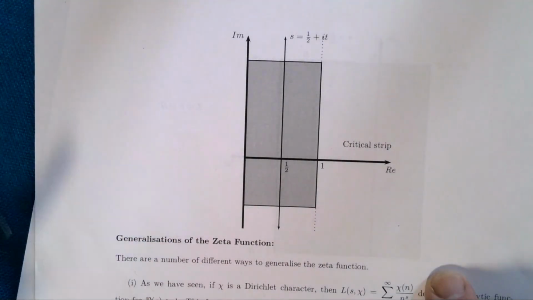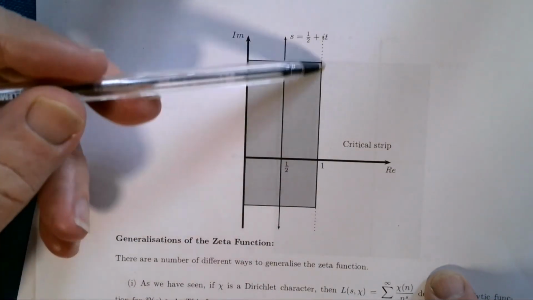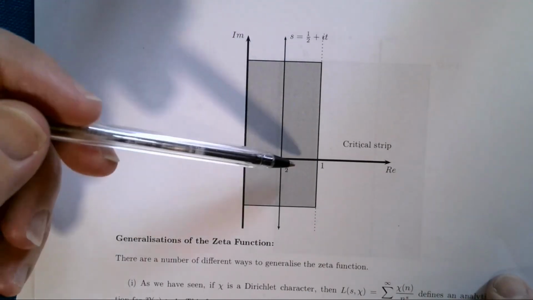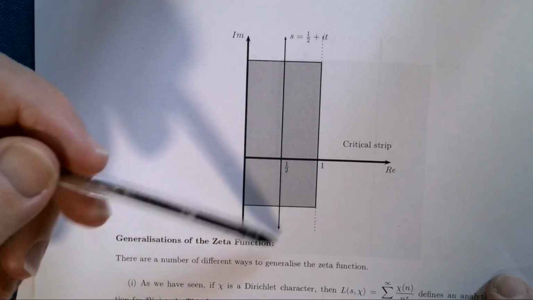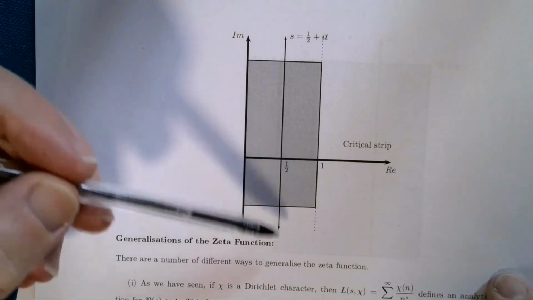There are no zeros here. We're going to show shortly there are no zeros here. So the zeros of the Riemann zeta function, there are infinitely many, and they lie in the critical strip, and it is the claim of the Riemann hypothesis that they actually lie on this line.